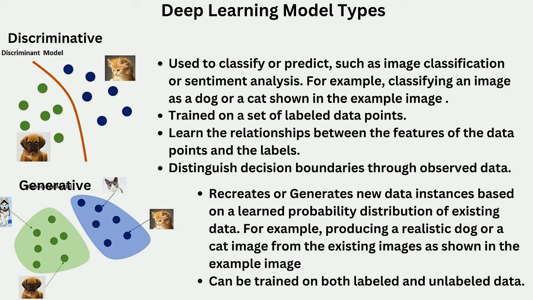For example, producing a realistic dog or cat image from the existing images is an example of a generative model, as shown in the image here. And a generative model can be trained on both labeled and unlabeled data.